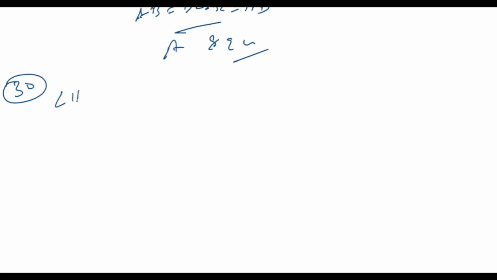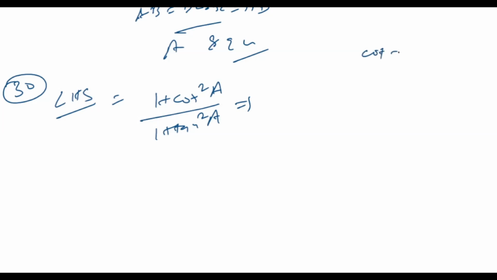Our LHS is 1 plus cot square A divided by 1 plus tan square A. Let's convert this into tan. So we know that 1 plus cot square, and we know that cot is equals to inverse of tan.